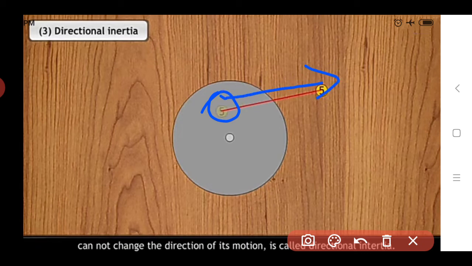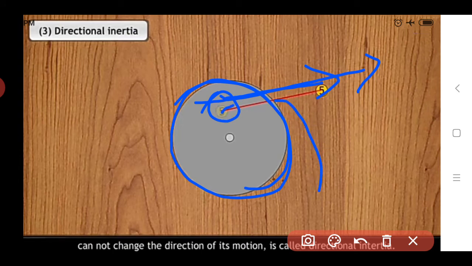If we apply force on this object in motion, it moves in a straight direction. The coin does not revolve in the circular path, it moves in its straight direction.